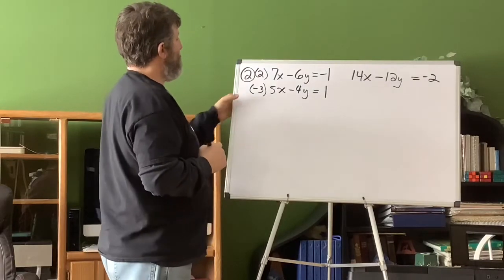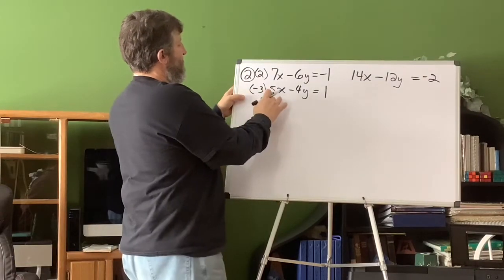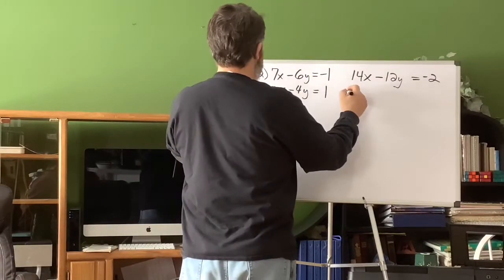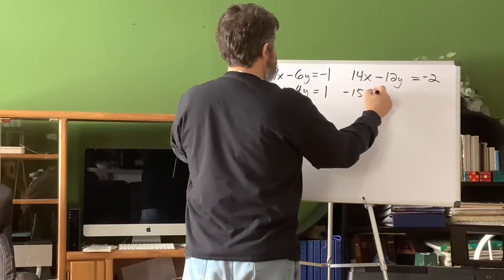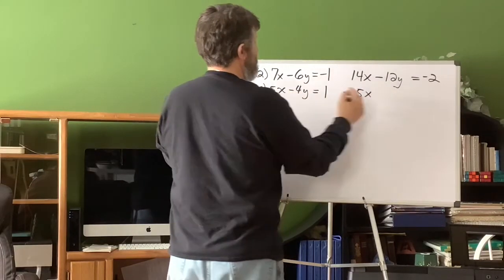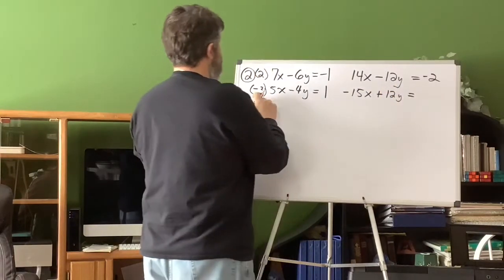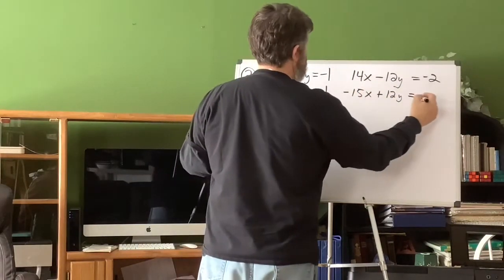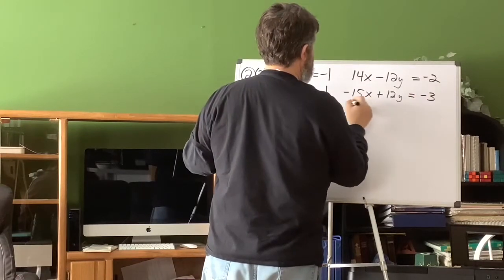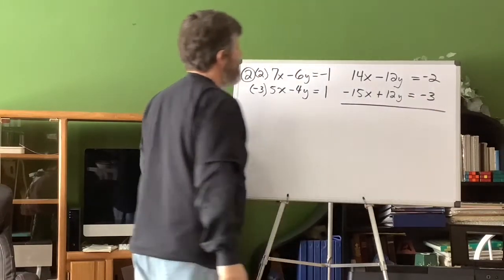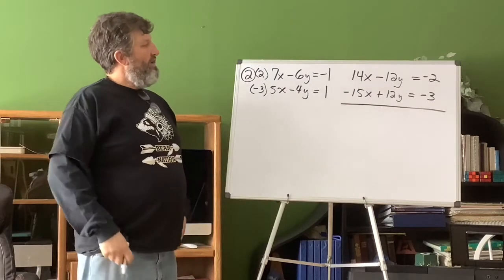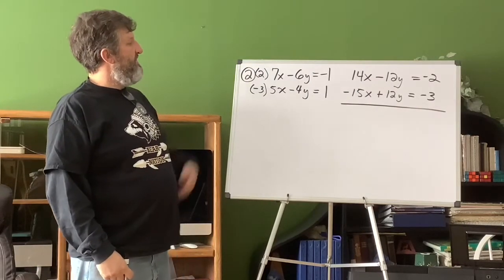Okay, now multiply the bottom. Negative 3 times 5x is a negative 15x. Negative 3 times a negative 4 is a positive 12y. And negative 3 times 1 is negative 3. All right, so notice what I did there.